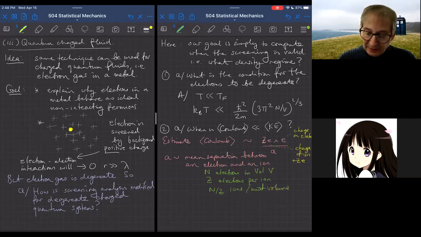And therefore the mean separation between an electron and an ion is going to be much less, or certainly bounded by the ion-ion separation.